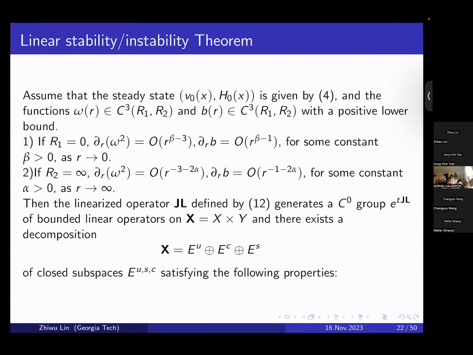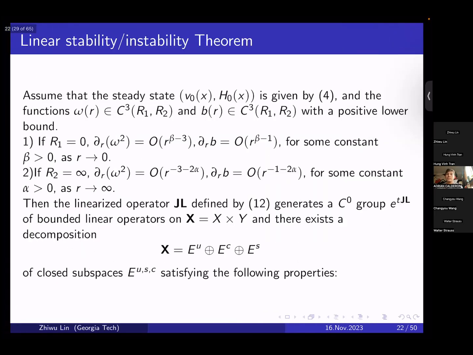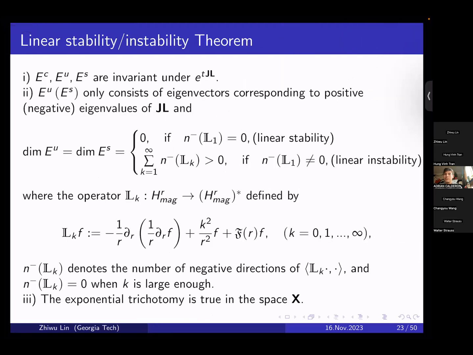So we can decompose our function space into 3 invariant subspaces: the unstable space, the stable space, and the center space. Here we have the so-called exponential trichotomy associated with these 3 invariant subspaces. Basically, on the stable space, you have exponential decay in the positive time direction. For the unstable space, you have exponential decay in the negative time direction. And on the center space, you only have polynomial growth. Okay, so this is the exponential trichotomy.